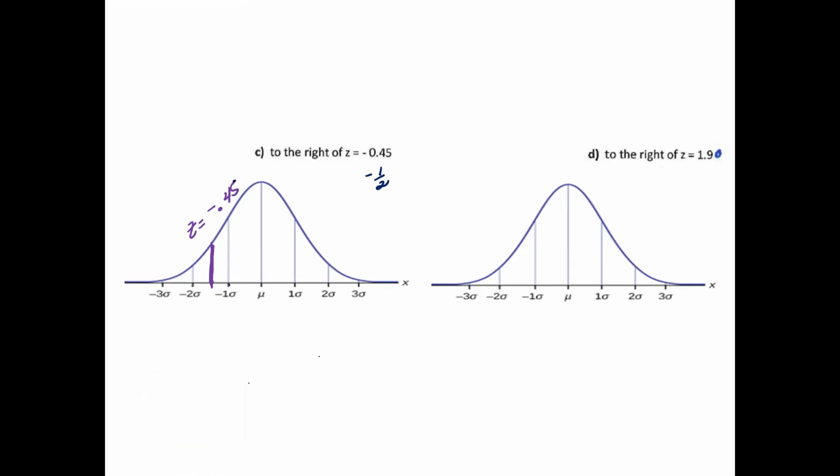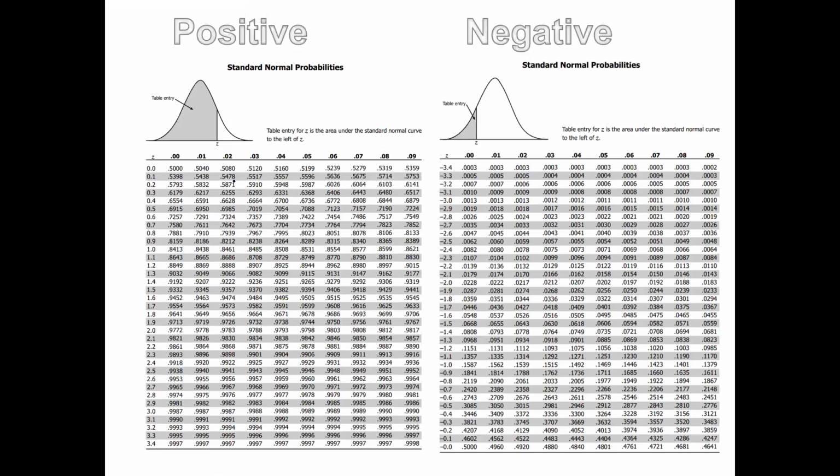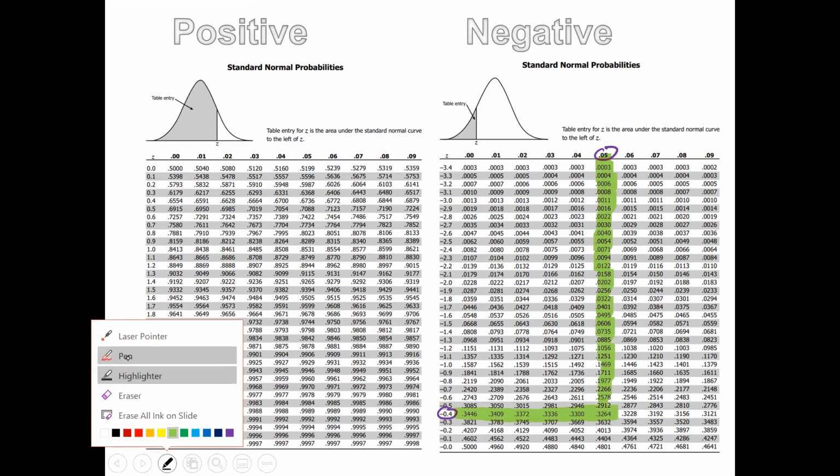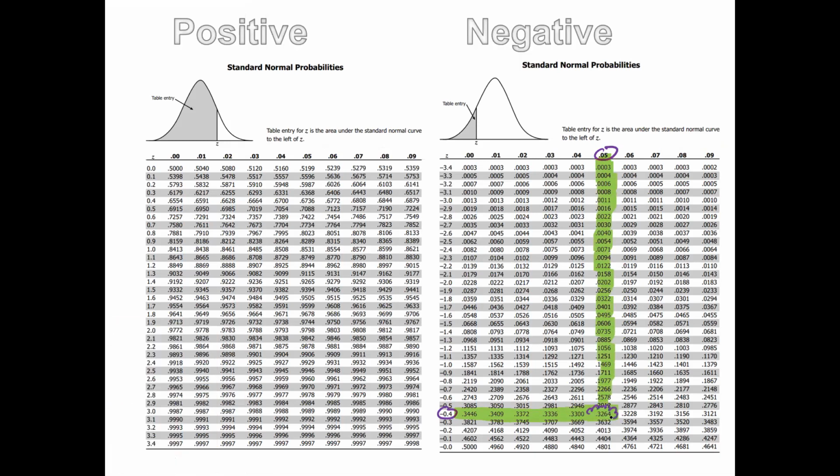So I'm going to go ahead and take a look at my table. -0.45 is going to be right here. So I'm going to go across, and then I'm going to go down, and this is my percentage right here. And that is going to be at 32.64%.